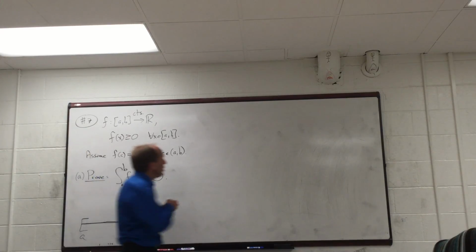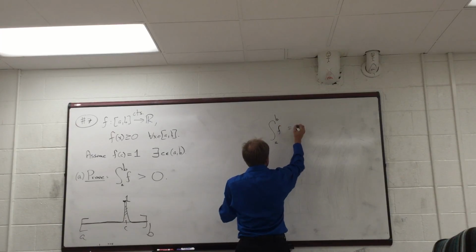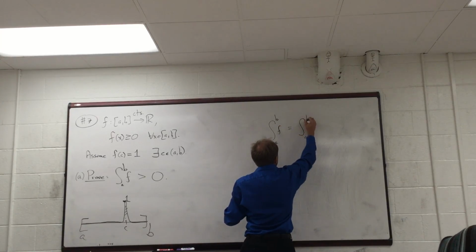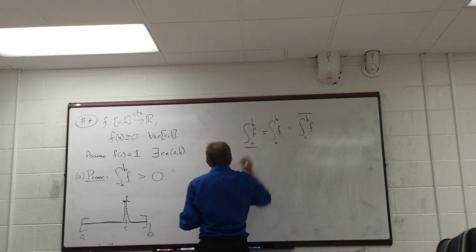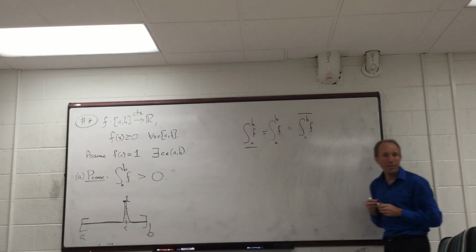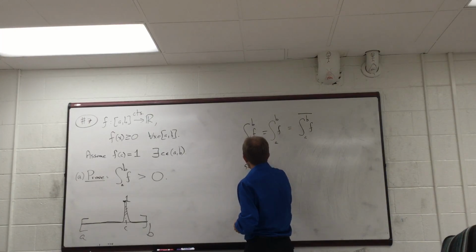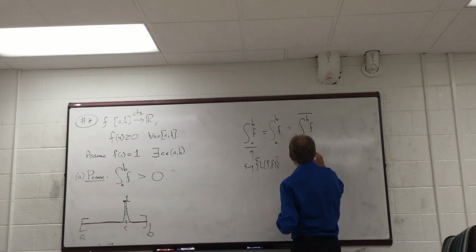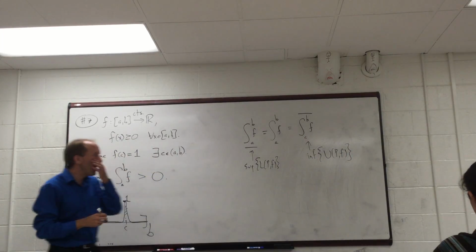But what we want to remember here is that this integral is just the common value of the upper and lower Riemann integrals. So remember, this one is your supremum of all of your lower sums, and this one is the infimum of all of your upper sums.